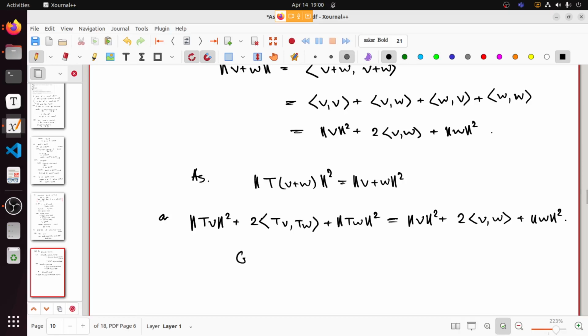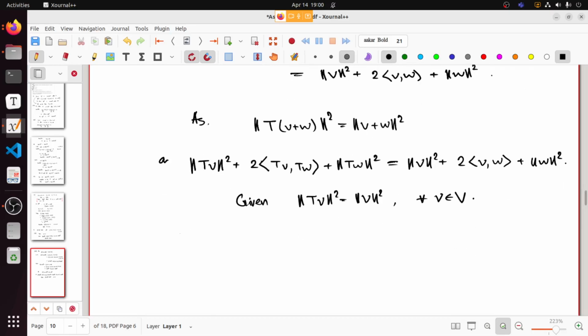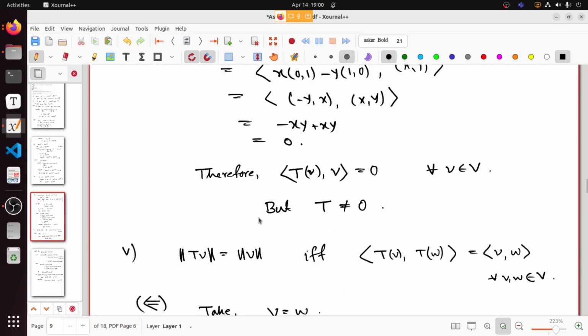And what is given? Given that norm Tv square equals norm V square, right, for all V in V. So therefore they will cancel out. Therefore what you will get? Inner product Tv Tw will be inner product VW, right? So therefore the option number 5 is correct.